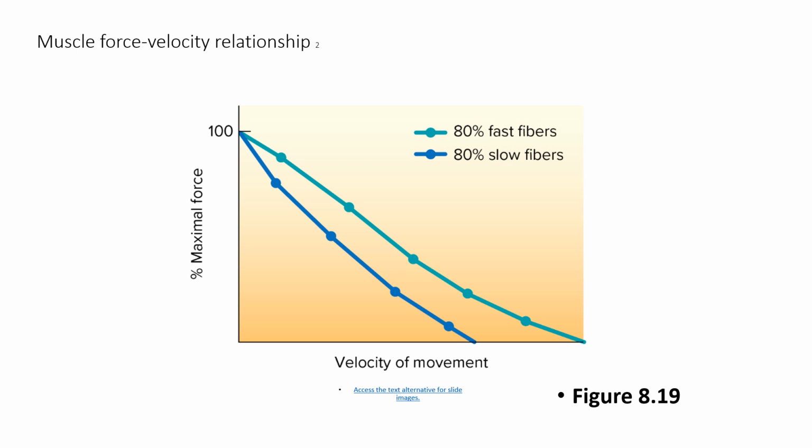So the fact that somebody with mostly type 2x during a race can move at the same velocity as somebody with mostly type 2a and then produce more force doesn't actually help us understand how they could finish the race faster. Because in that example, they'd both be moving at the same velocity. Their muscles would be shortening at the same velocity. So by consequence, they would both theoretically finish the race at the same time.